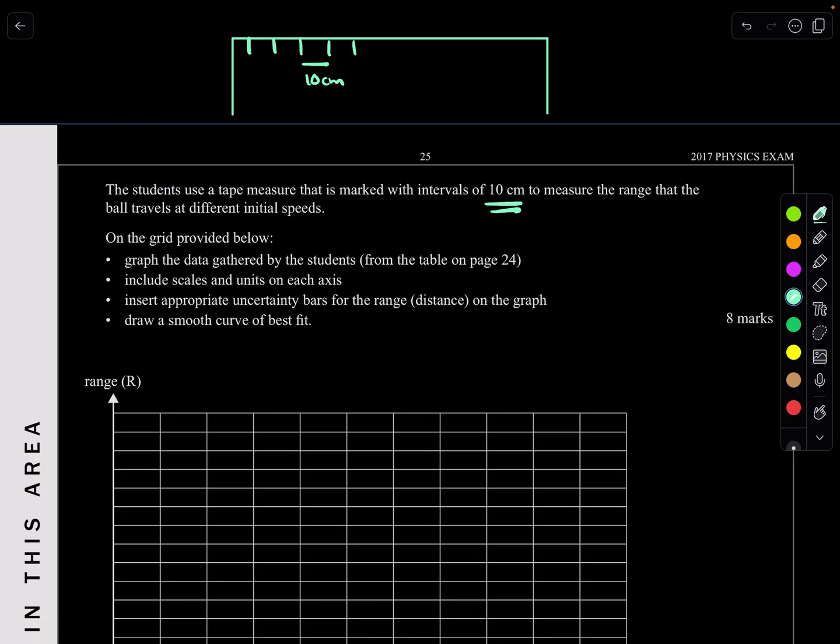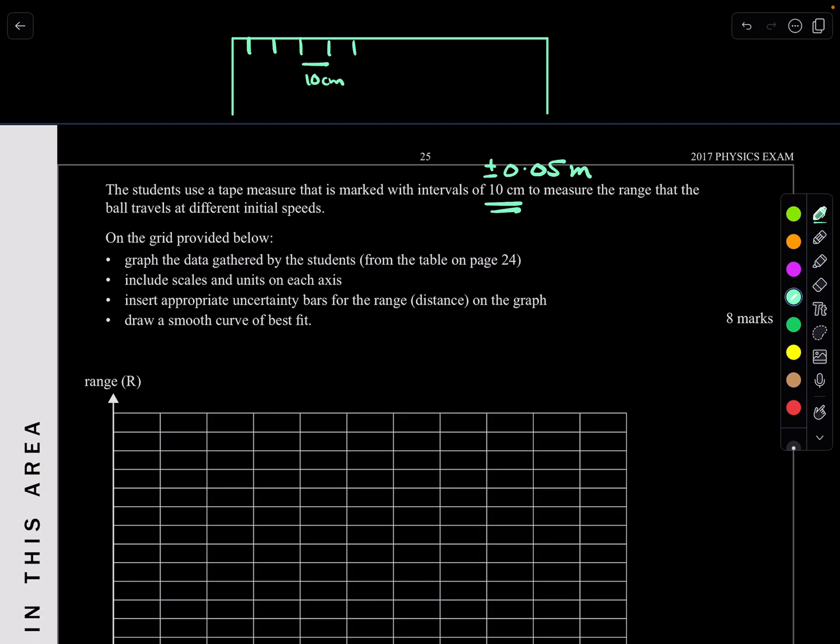Remember that whenever you have something like a ruler or a voltmeter or ammeter, anything like this, whenever you have some intervals, to find the uncertainty you take the interval, which in this case is 10 centimeters, and you divide it by 2. In this case, your uncertainty is just 5 centimeters, which is plus or minus. Make sure it's in meters, make your life easier. So it's just 0.05 meters. Easy.